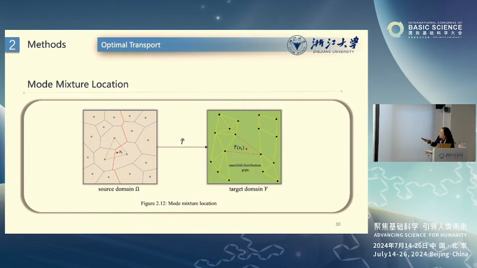In the domain omega, then around this the how we the samples inside the XB backward distribution gaps.